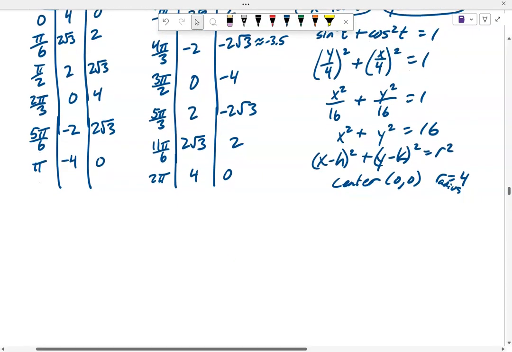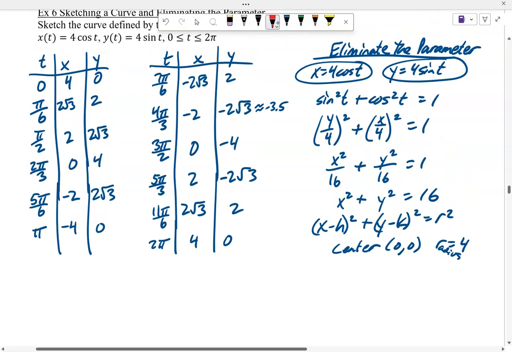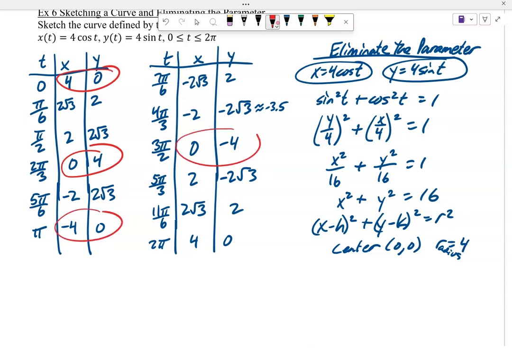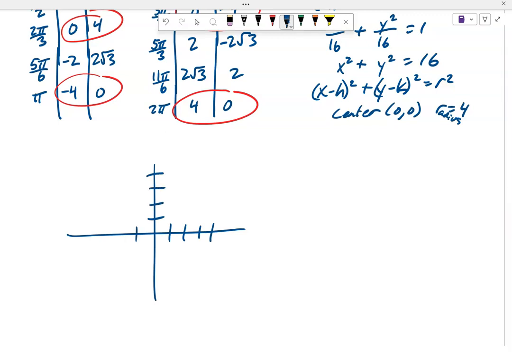Now let's go ahead and draw it as well as showing our orientation. I'm going to start out at my initial point at 4, 0. Then I'll go, let me just pick these nice ones. And we'll do it in that order there. So we got 1, 2, 3, 4. That would be for t being 0.